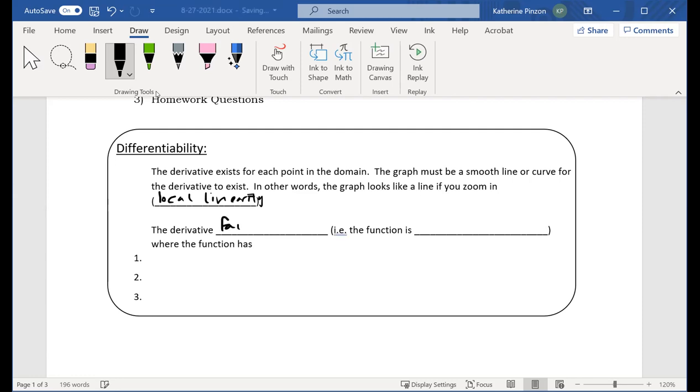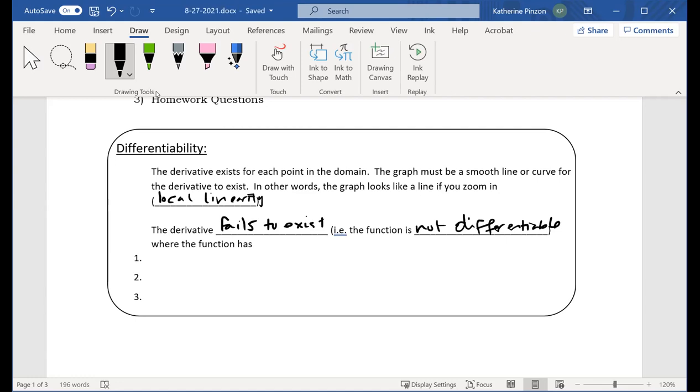The derivative fails to exist, i.e. the function is not differentiable, in 3 cases. The first step is that the function has to be continuous. If the function's not continuous, it can't be differentiable.